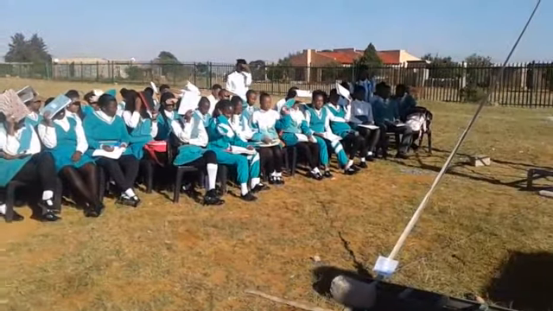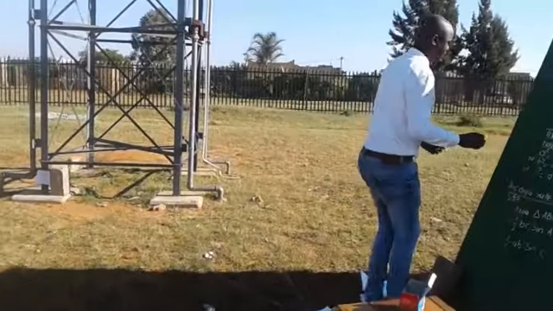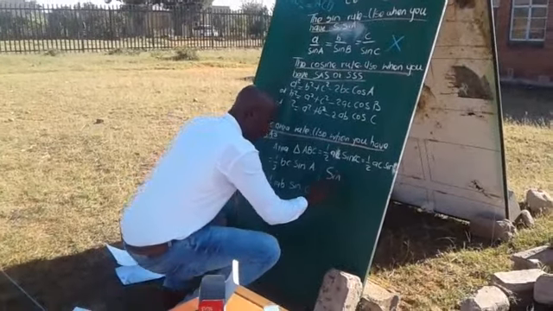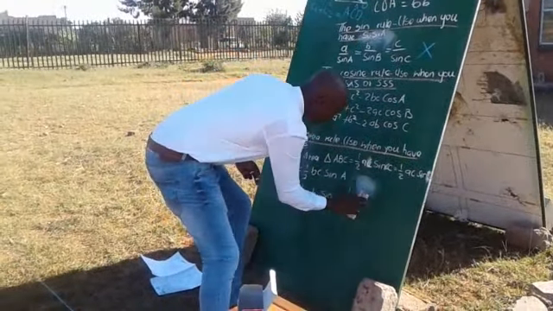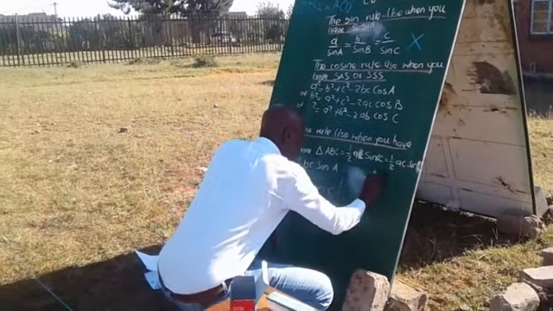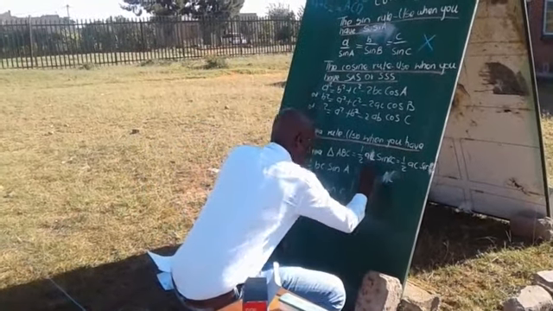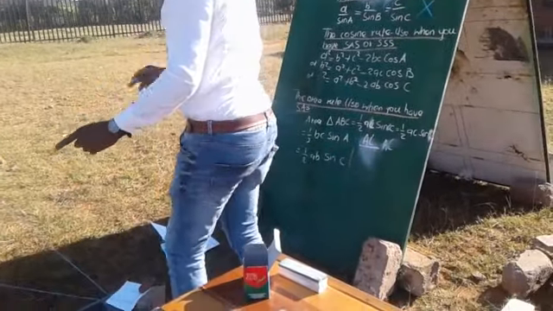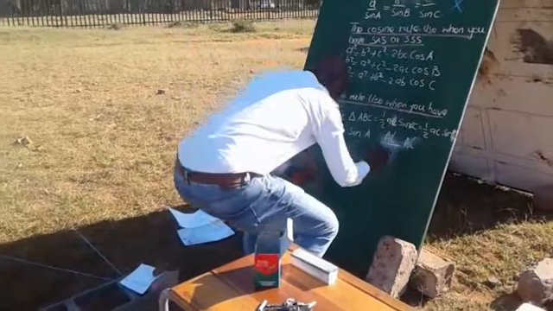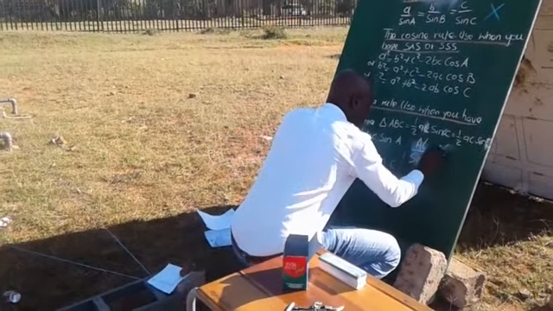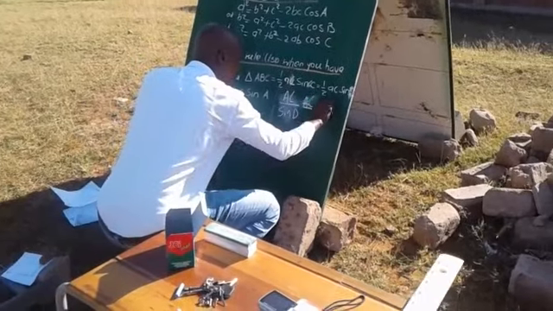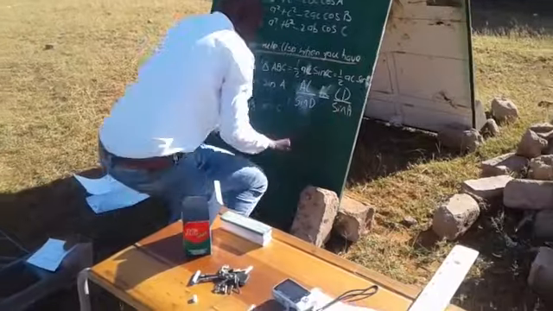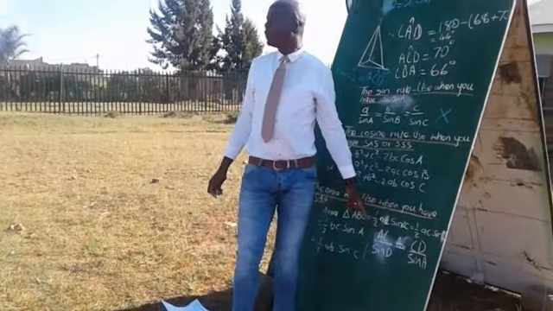Therefore, we are going to have AC over sine D equals CD over sine A. The reason we put AC on top is because we are looking for AC.